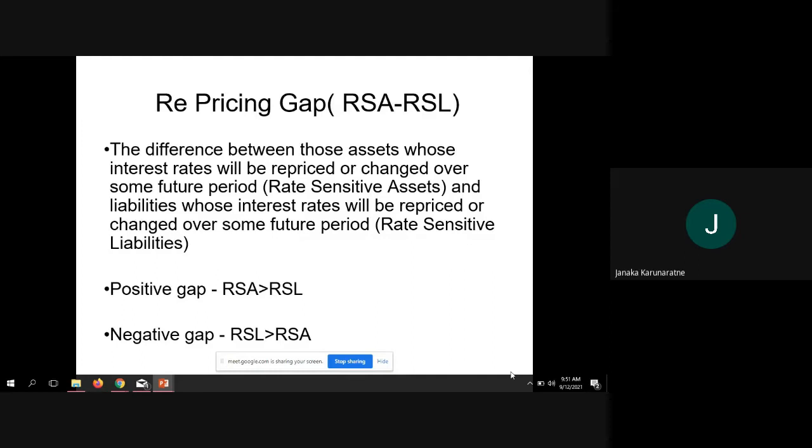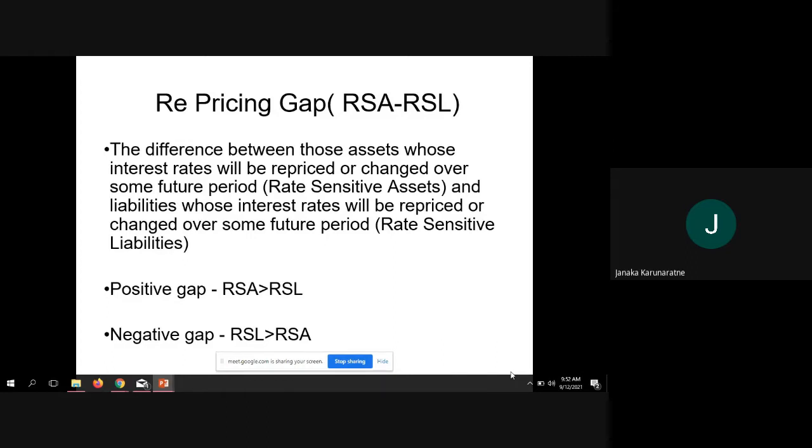If we have a negative gap, that means your rate sensitive assets are less than the rate sensitive liabilities. So whether the gap is positive or negative decides your impact as a result of interest rate movements.